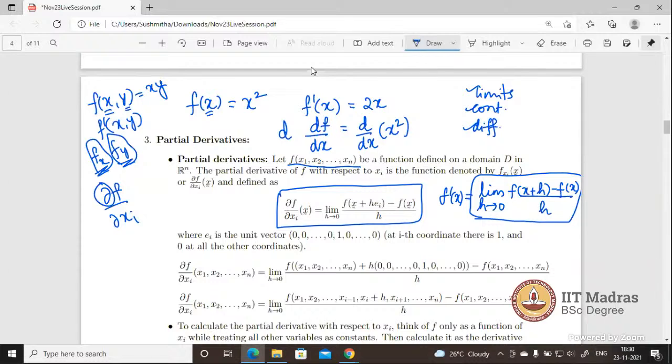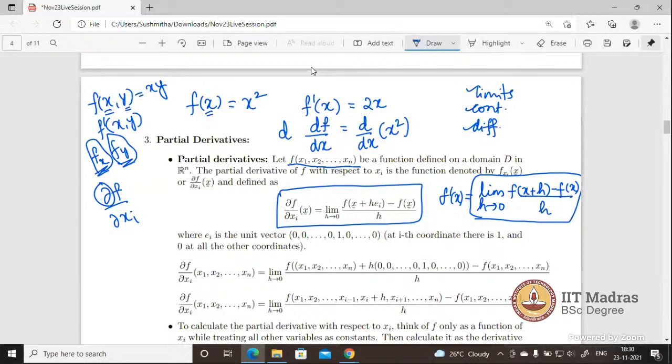While calculating this limit, am I using any limit which is not known to you? h is a number, right? So it's a one variable limit, right? Yes or no? Yes. So this limit is known to you. That is why we are studying partial derivatives even before studying limits in multivariable.